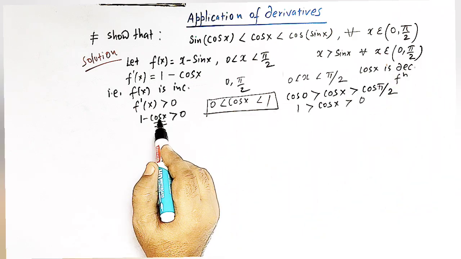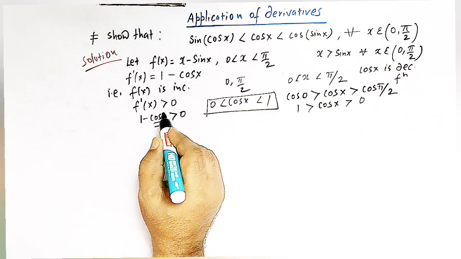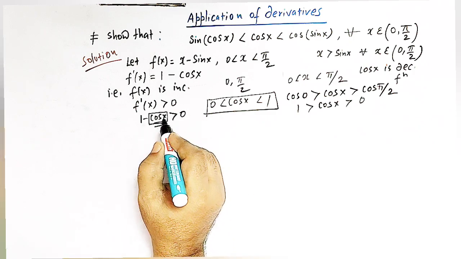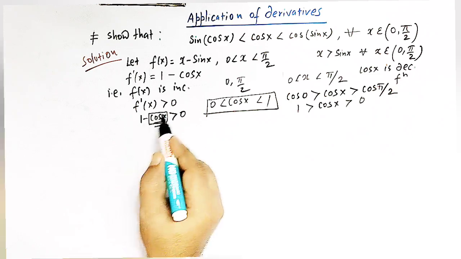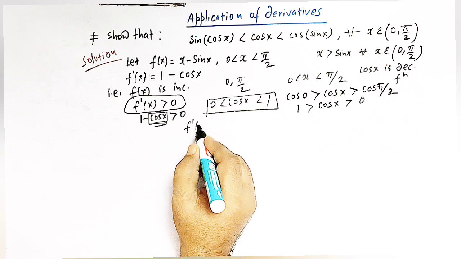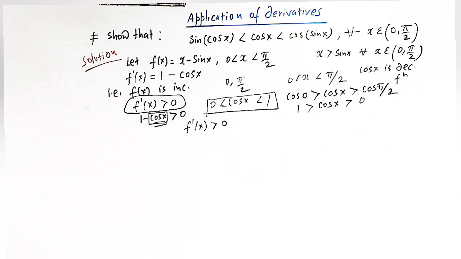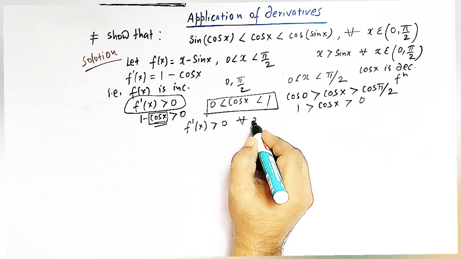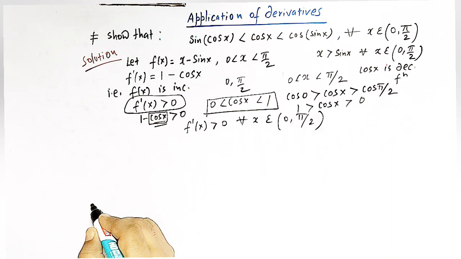So it means 1 minus cosine x is always greater than 0, because cos of x is always going to be less than 1. So we can see that this derivative f prime of x is always going to be greater than 0 for all x belonging to the interval 0 to pi by 2.